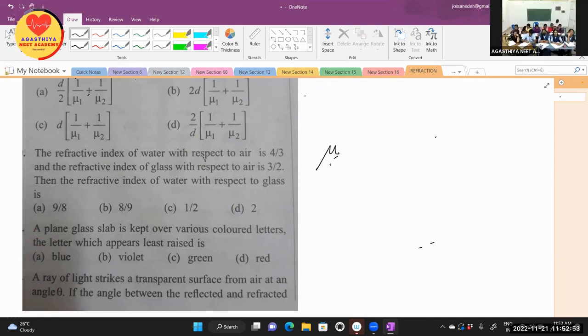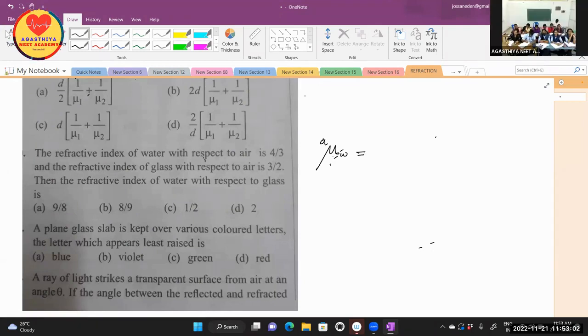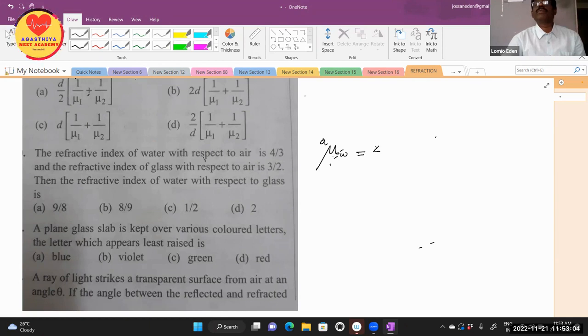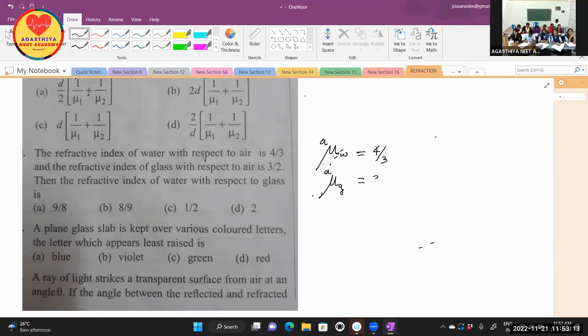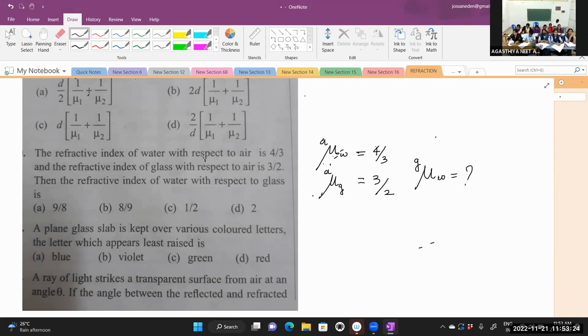First value, refractive index of water with respect to air, you write in this manner, 4 by 3. The refractive index of glass with respect to air is 3 by 2. Then the refractive index of water with respect to glass. What is this? That is the question.